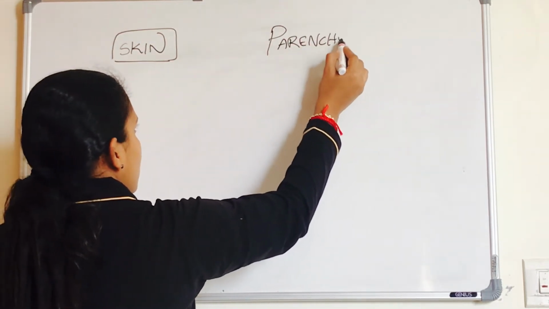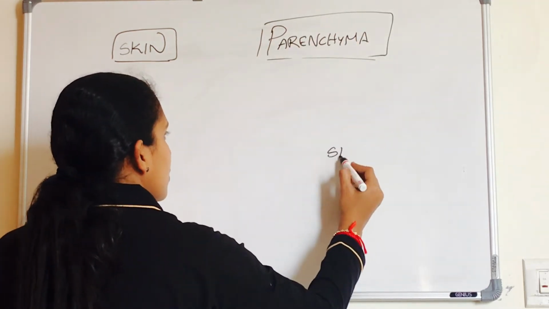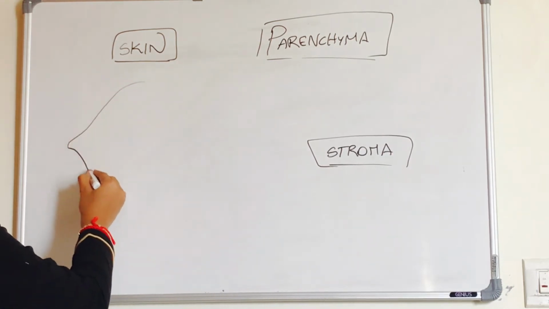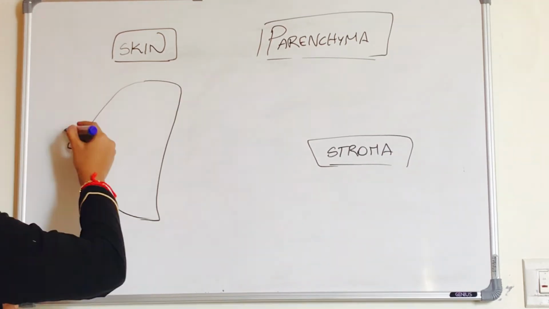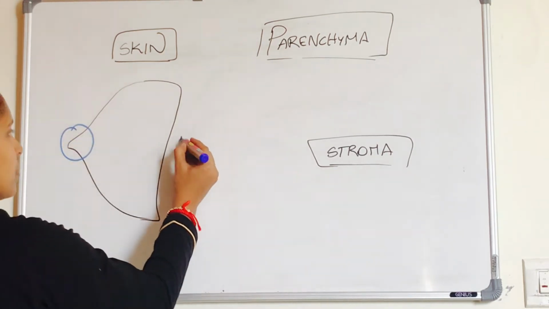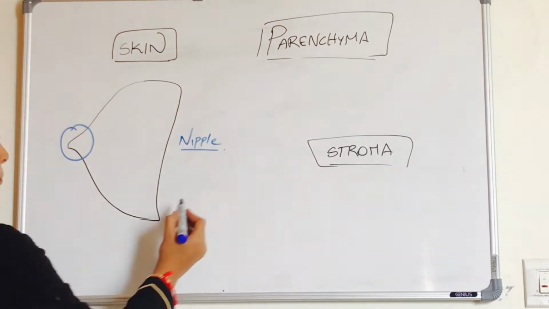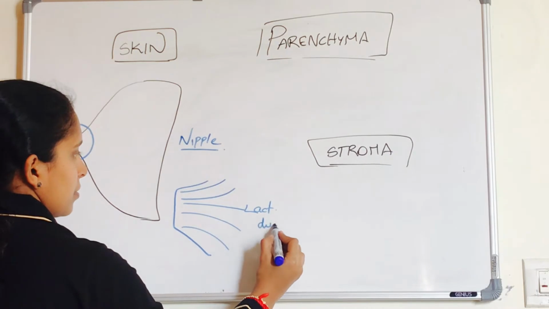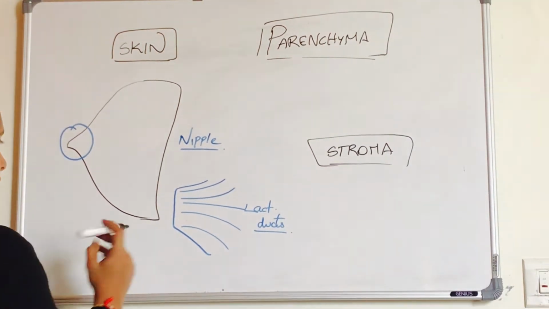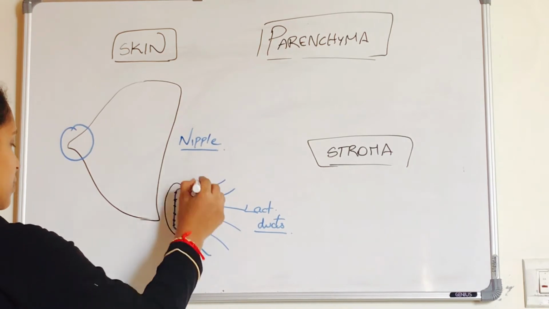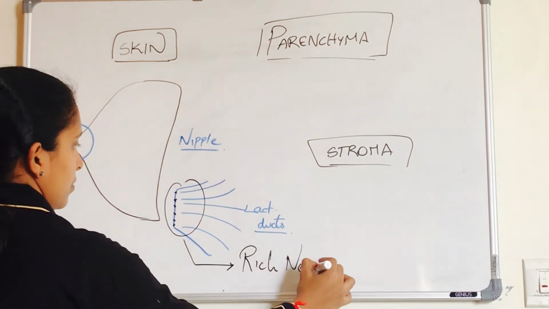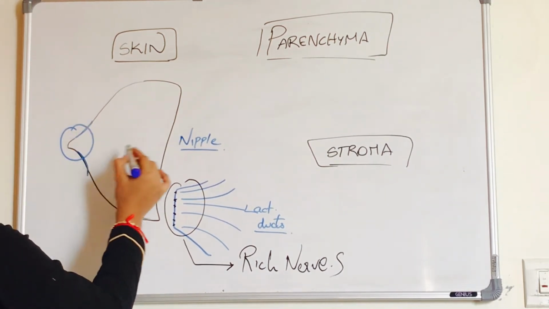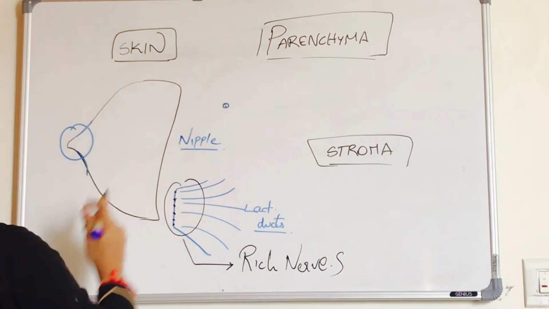Now let's talk about the structure of the mammary gland, which is very simple. Just remember skin, parenchyma and stroma. So this forms the structure of the mammary gland. What about the skin? It has a small conical projection called nipple, and this nipple is pierced by 15 to 20 lactiferous ducts, and is rich in nerve supply and has many sensory end organs at the termination of nerve fibers.